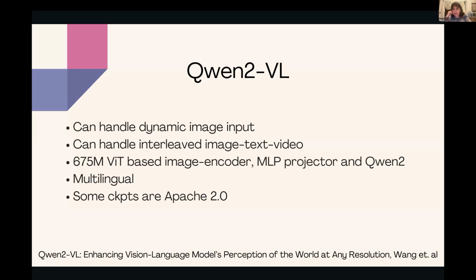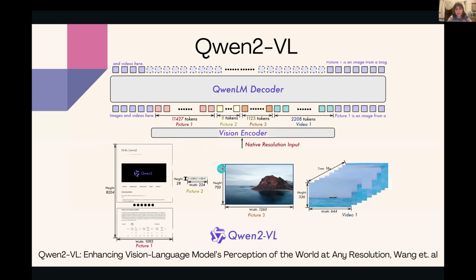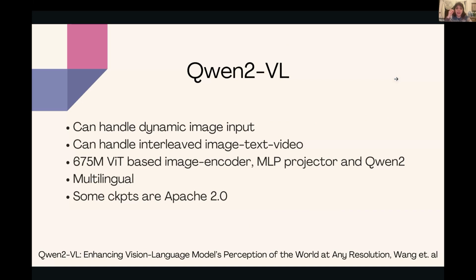And I think it also has 2D rotary position embeddings, which is a change compared to the previous architectures. It has an MLP projector, and it consists of the Qwen2 language model here. And it is multilingual as well. They have trained on many languages, and some checkpoints are Apache 2.0.